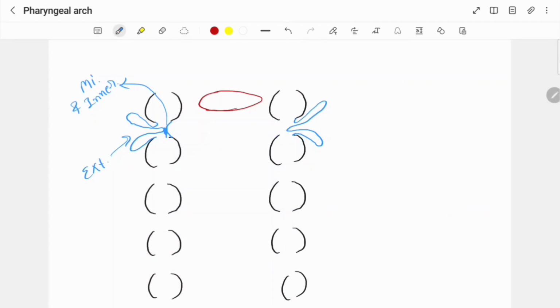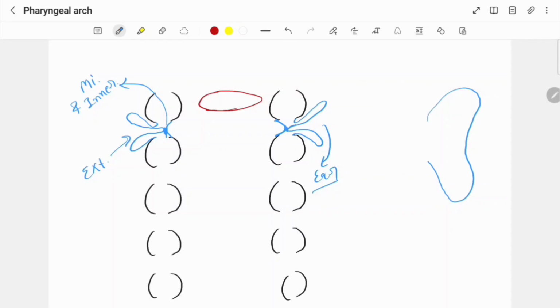Okay, how will this form? See here, they will attach with each other and form a septum here, right? Now see what happens, this looks a little like an ear, so it will form your external ear. Okay, not actually the external ear, it is your pinna or auricle.